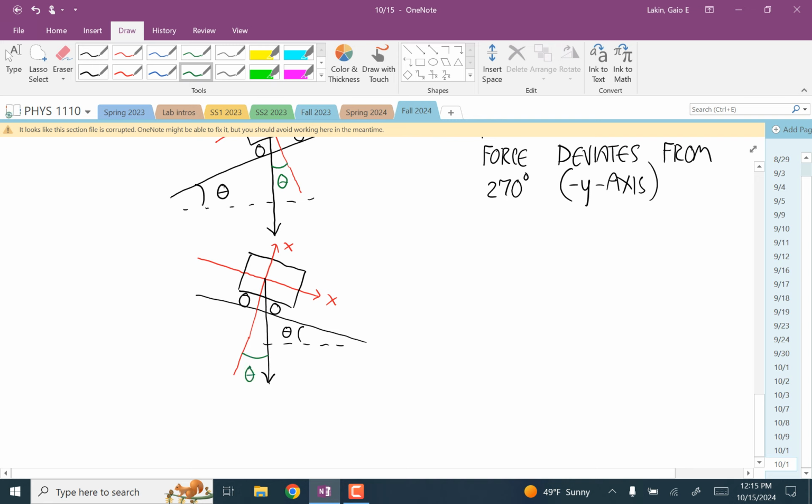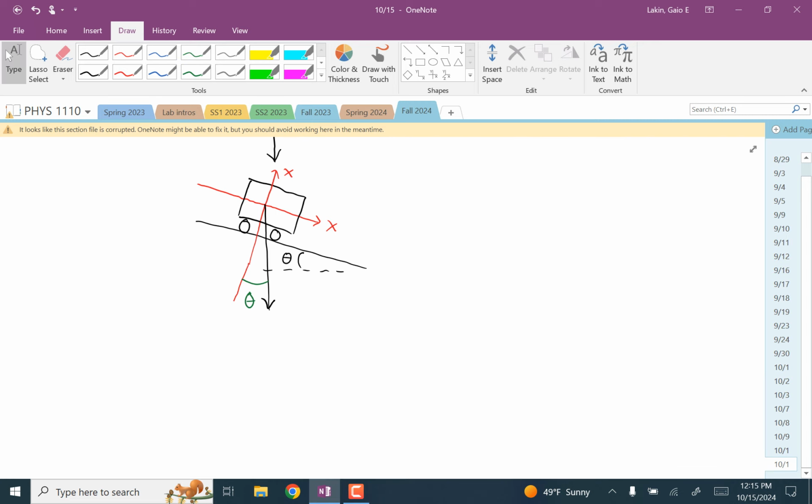Okay, so whatever that angle is that the ramp is at, for the weight force it's always going to be 270 minus that or 270 plus that. Okay, and you've done this kind of problem before, figuring out this angle. It's just like those vector problems you did. Okay, so let's just get into some problems and you'll see how this works.